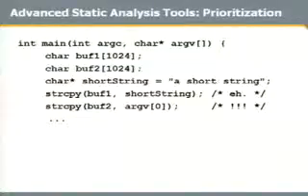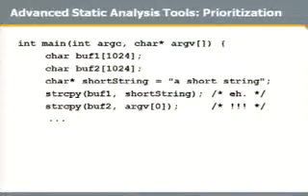Okay, so the advanced static analysis tools do a much better job of prioritization. And the code that I put up here illustrates that point. It's got 2 calls to strcpy in it. So when should you be calling strcpy? You shouldn't be calling strcpy, right? So it's very, very reasonable for one of those old tools to call out both of those calls to strcpy and say, I don't like either one of these. These 2 are not equivalent, though.